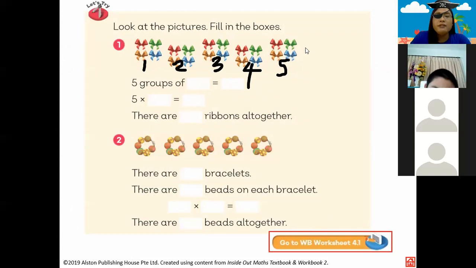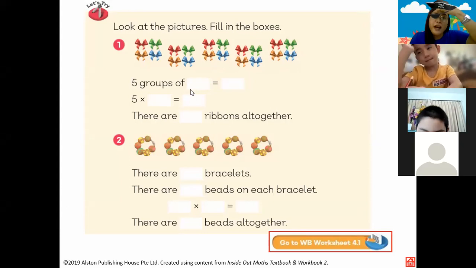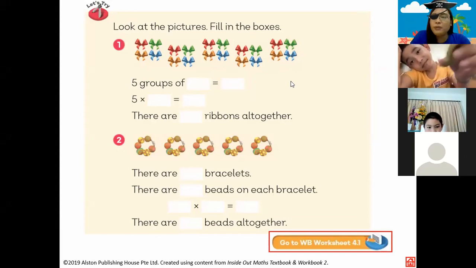Okay, so there are 5 groups. And how many ribbons in each group? 4. So there are 5 groups and each group has 4 ribbons.